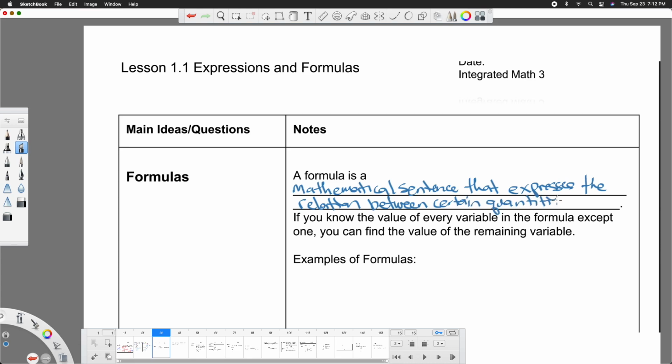So it's just certain quantities that already have a relationship, and it's a mathematical sentence that helps us express this.